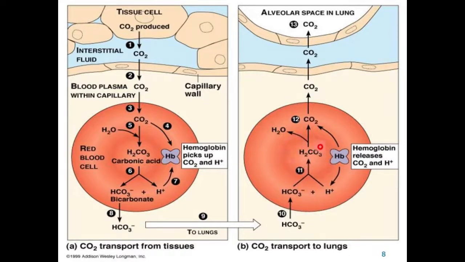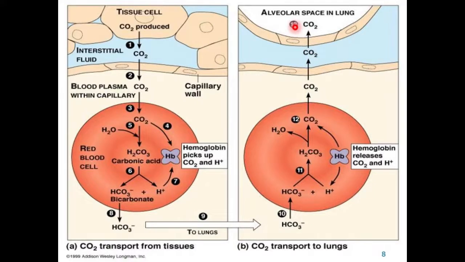And carbonic acid will dissociate to form carbon dioxide and water. And since the partial pressure of carbon dioxide is higher in the red blood cell, this carbon dioxide will diffuse out to the plasma and finally is released into the alveolus.